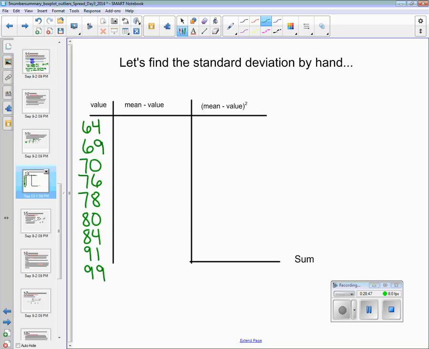Does it matter the order that you subtract the numbers? Not here. Tell me why it wouldn't matter here whether I did the mean minus the value or the value minus the mean. Why doesn't it matter, Samantha? Because I'm going to square it anyway. When I square a negative number, don't I get a positive? So it doesn't really matter the order that you subtract them, okay? So don't worry too much about that. I won't be picky about that, okay?